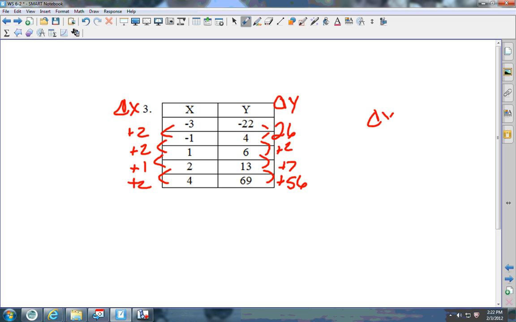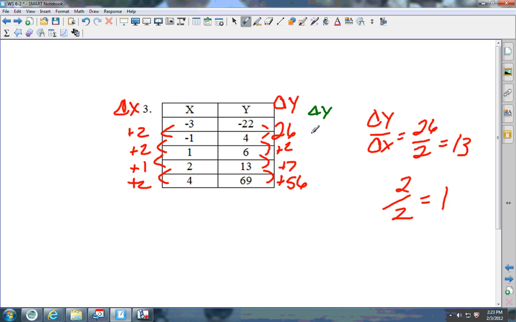If I do delta y over delta x, 26 over 2 is 13. The next one is 2 over 2, that's 1. That's not linear. If I do the deltas again, this is -24, plus 5, plus 49. These are not the same, so it is neither. It is not linear and it is not quadratic.